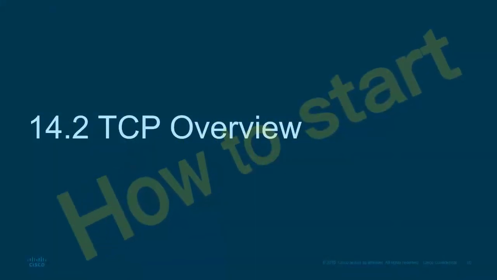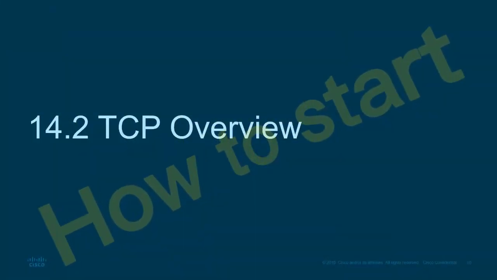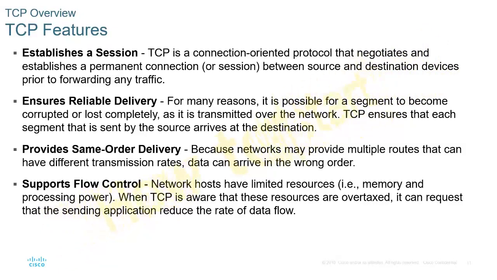So let's go ahead and look at TCP more in depth. Again, TCP will establish a session. It's connection oriented, meaning it will negotiate and establish a permanent connection between the source and destination prior to sending any data. When it's done sending data, it will actually terminate this session.